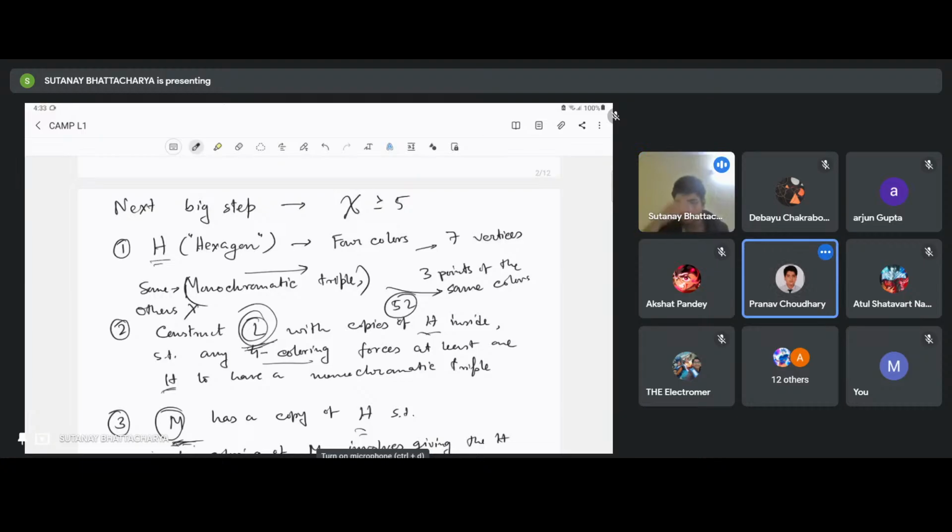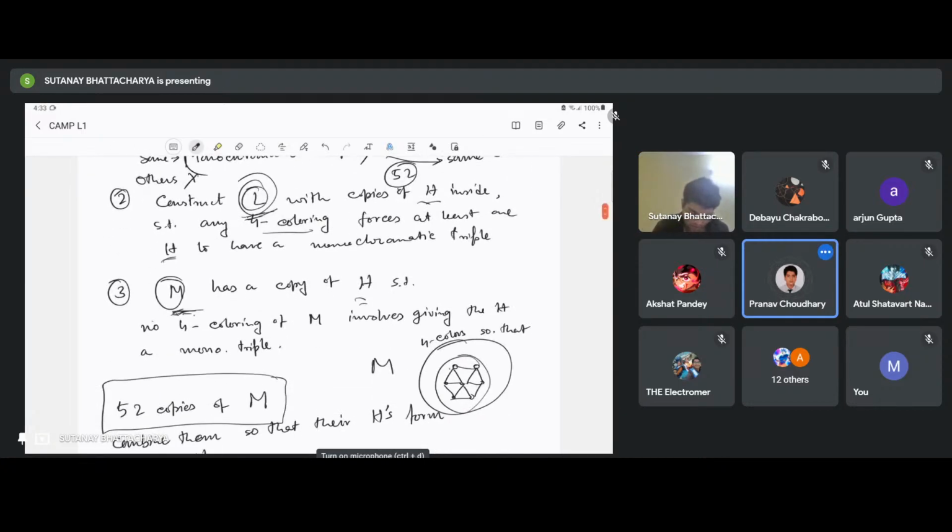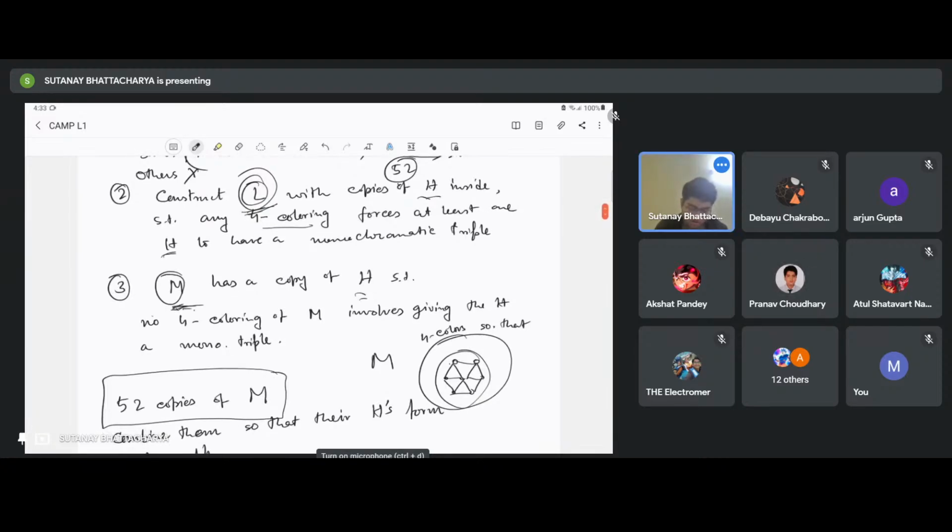One doubt. Doesn't M imply that the H has a monochromatic triple? That any four coloring of M gives a monochromatic triple. And then L also should have one monochromatic triple. So what's the problem when you combine them? Hold up. So is the proof complete? No, hold up.